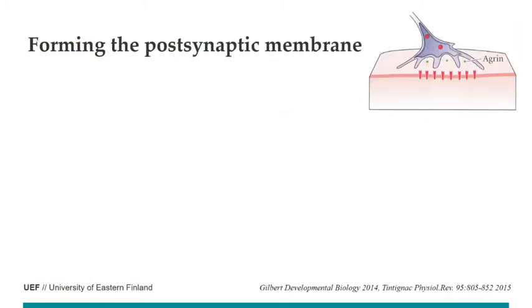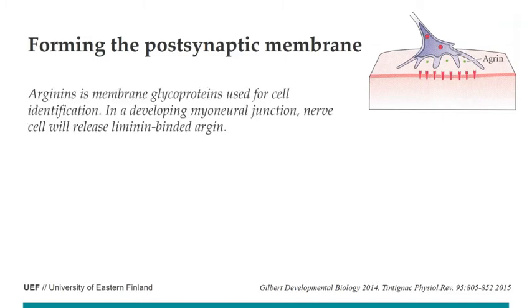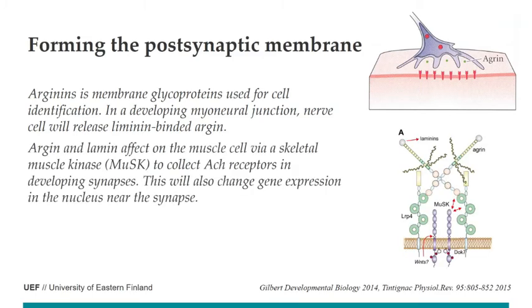And when this presynaptic membrane is formed, it releases some factors called agrin and laminin. These agrin and laminin affect the muscle cell, and this will gather all these acetylcholine receptors in the developing synapses. But it will also affect gene expression in the muscle cell, in the nuclei that are near these synapses.